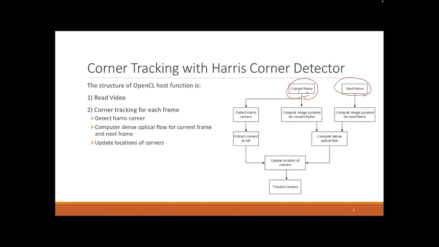For the current frame, we will use the Harris corner detection algorithm to detect the corners. And we will use the current frame and next frame to get the optical flow. Then we will use the optical flow to update the corners to get a better corner estimation.